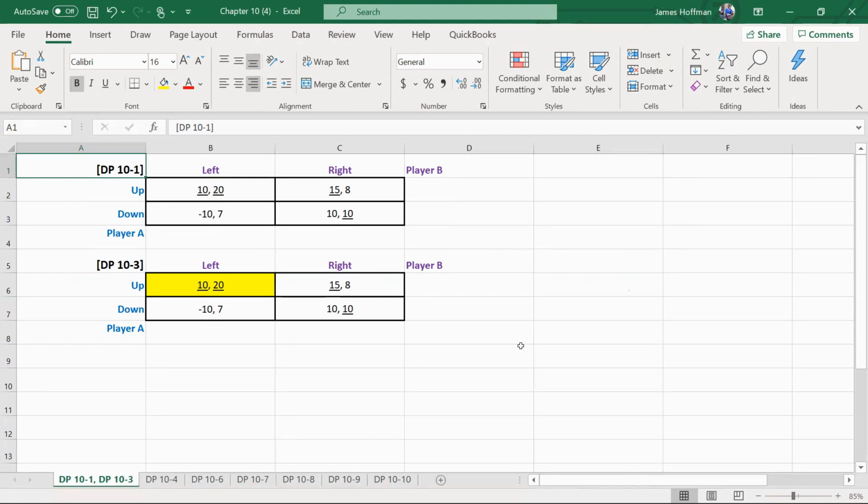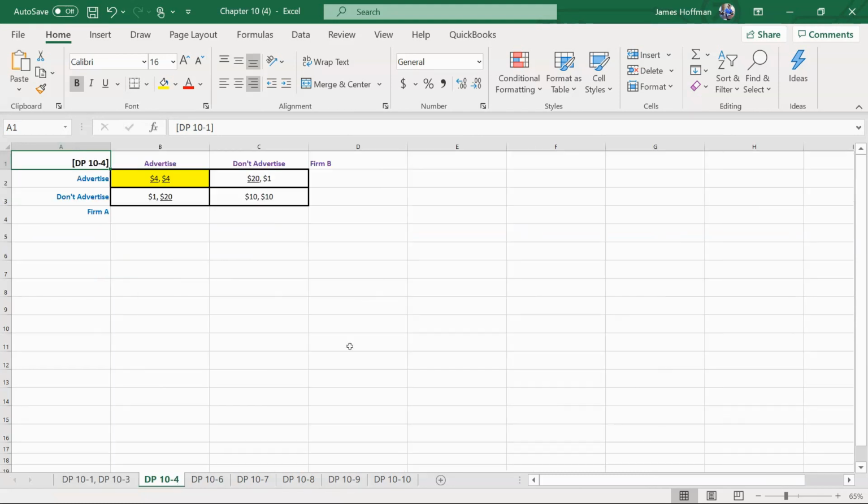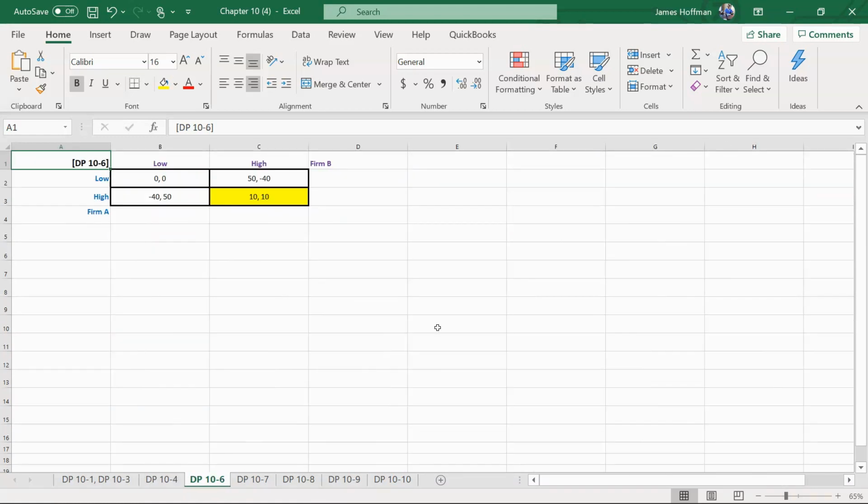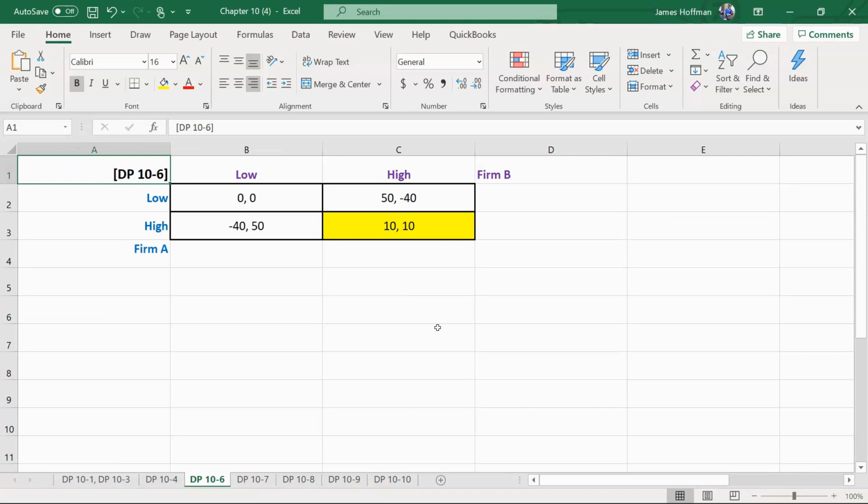So all of the examples we just did in the demonstration problems, you can find my Excel work in the Chapter 10 document. Here's demonstration problem 10.1 and 10.3. There's 10.4. There's 10.6. Here's 10.7.